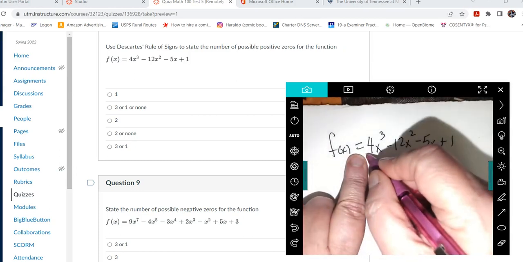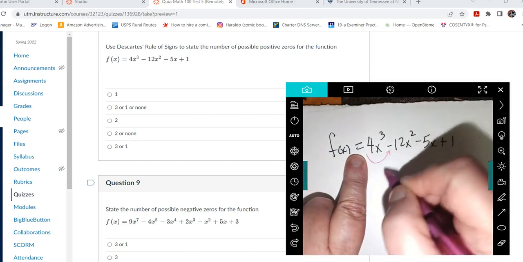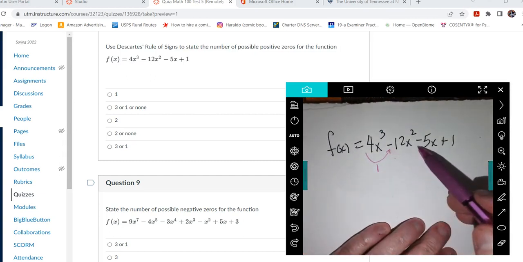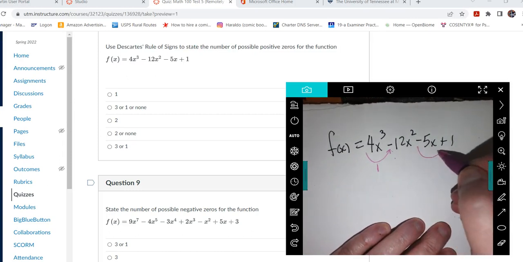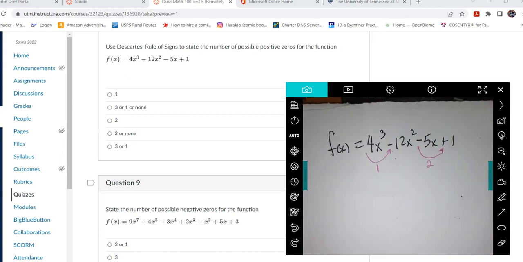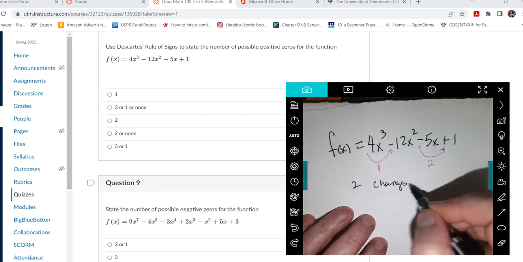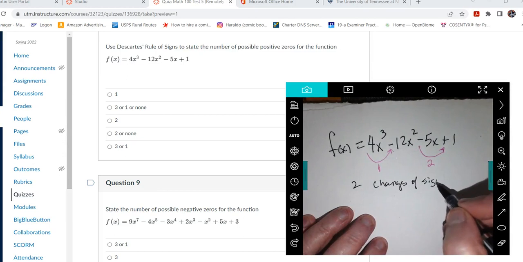So I have a positive here, and it changes to a negative. That's one change. From here to here, there's no change. But from here to here, I go from negative to positive, and so that's a second change. So there are 2 changes of sign for f of x.